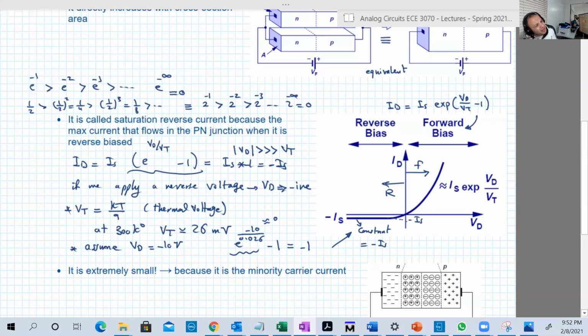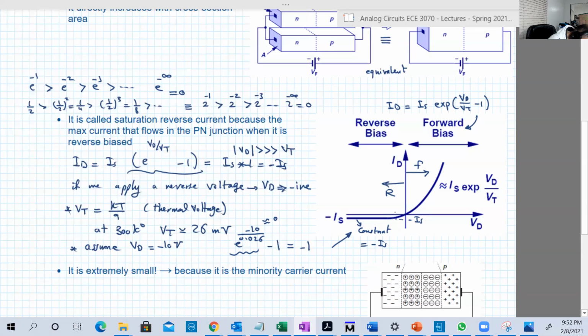Except a very, very, very small portion at the beginning near 0, in which VD, as a magnitude, of course, is less than, or comparable, we can say, to VT, like for example 10 millivolt, 20 millivolt, 30 millivolt, 50 millivolt even. So at these values, which are comparable, might be a little less, a little larger, but comparable to VT, in that portion only, we're gonna see some increase in negative, we can say.